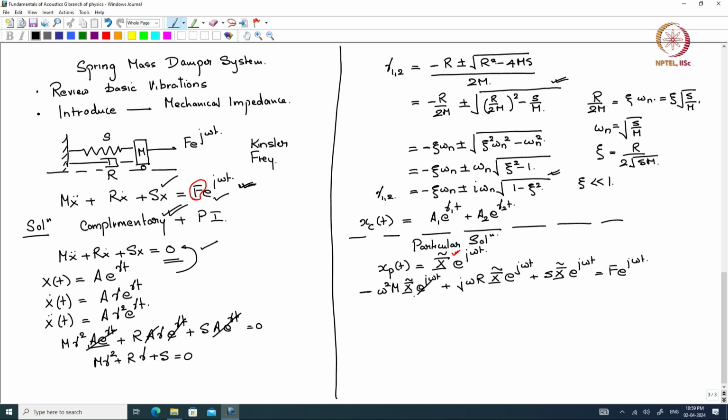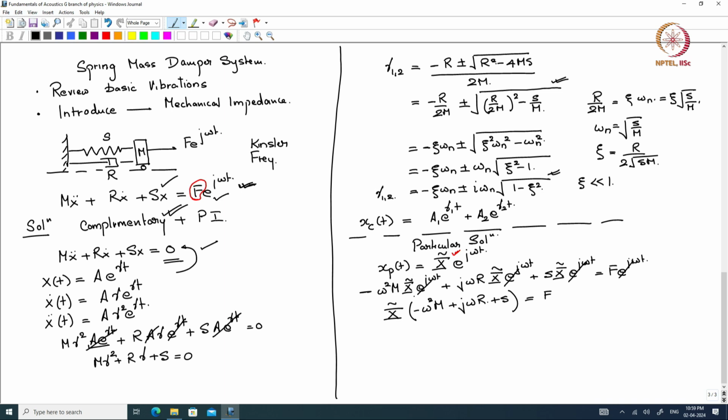So this goes, this goes and this goes, and if I collect x tilde and its coefficient separately, minus omega square m plus j omega r plus s is equal to f.